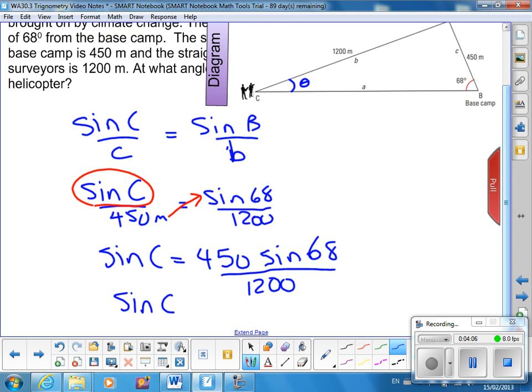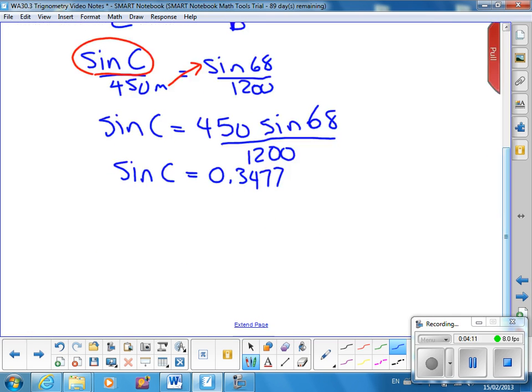So sine of C is going to be 0.3477. To calculate an angle, second function, sine, and push in the decimal, 0.3477, and you end up with angle C equals 20 degrees.